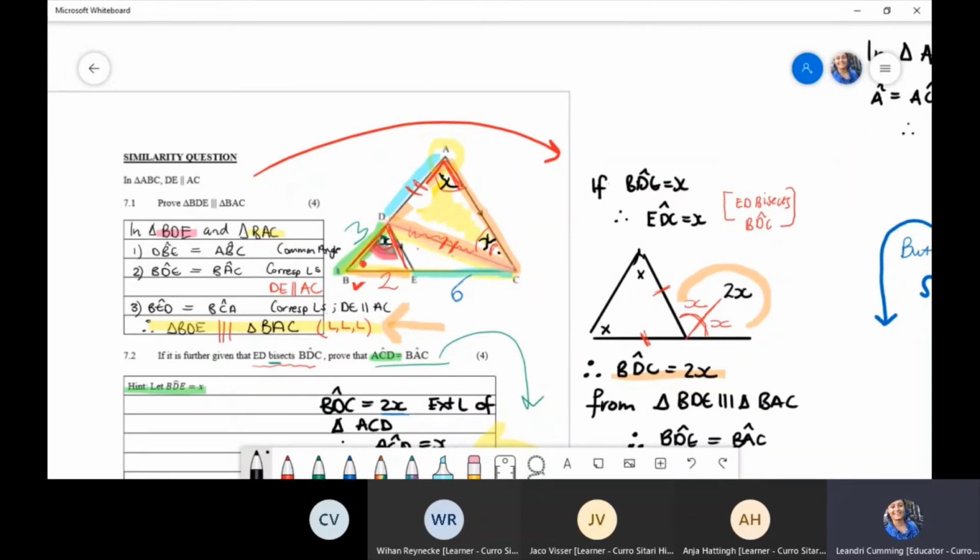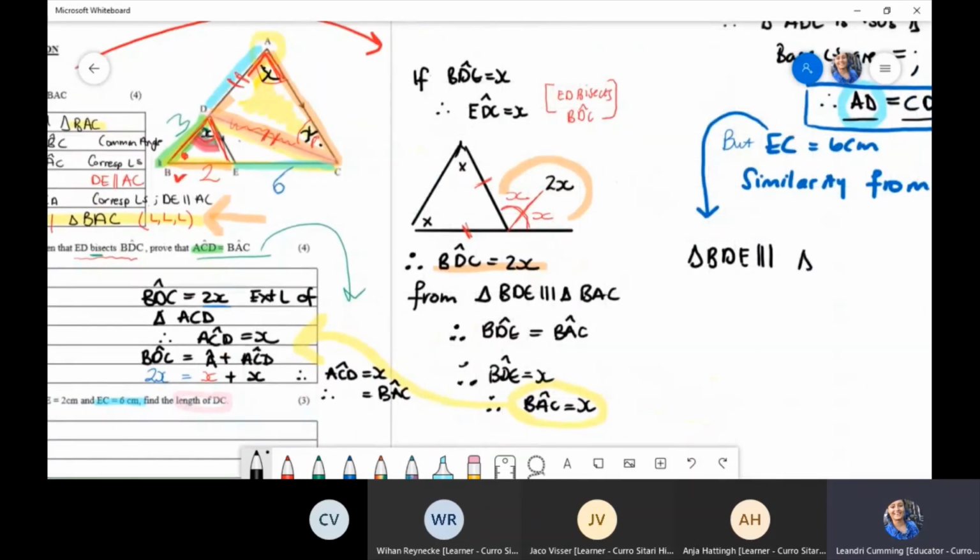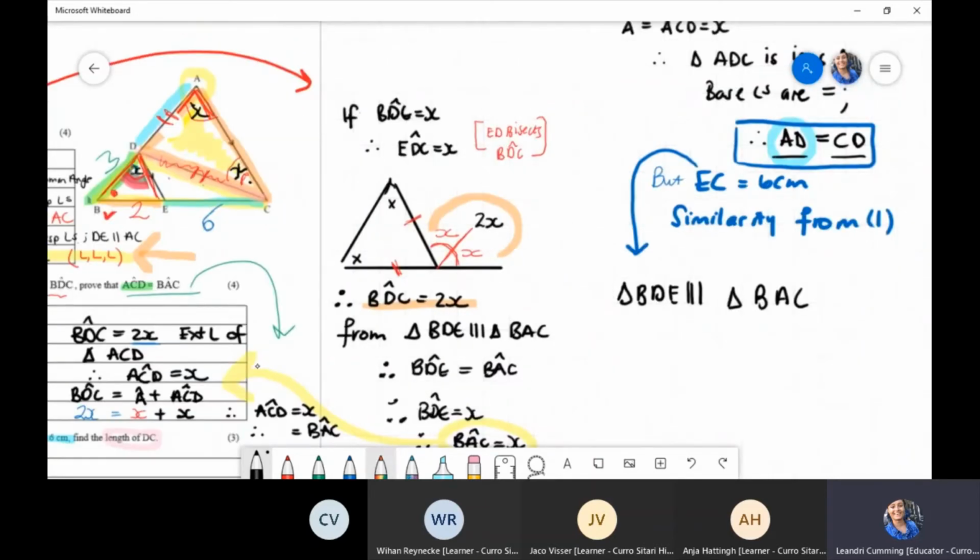Right, so we've proven that triangle BDE is similar to triangle BAC. And as soon as you're working with lengths and missing side lengths, you know you're probably going to use that proportionality.